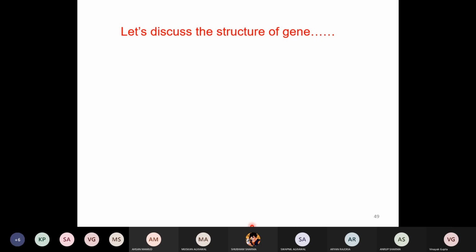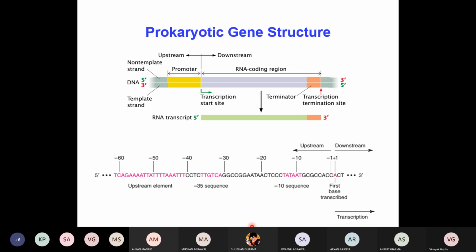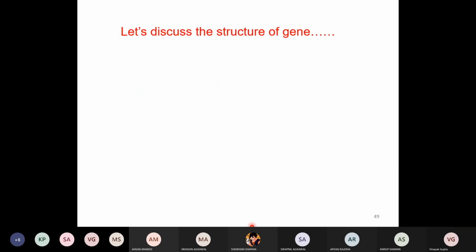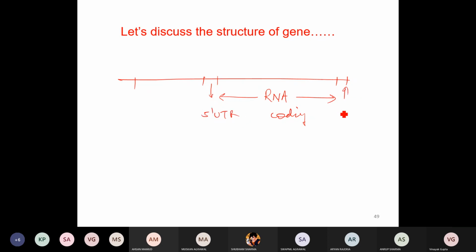Now we have defined the term gene. Now let's discuss the structure of a gene. I am going to discuss the prokaryotic gene structure. This is the general structure of a gene.